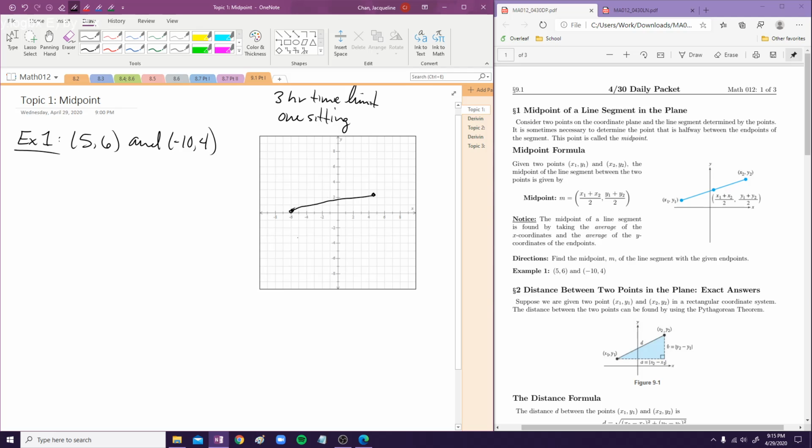One thing I want to say about a line segment and a line. When we graph a line, for example, let's pretend this is y equals x minus 4, it's a line. This has infinite distance. It's going to go all the way to negative infinity and then all the way to infinity.